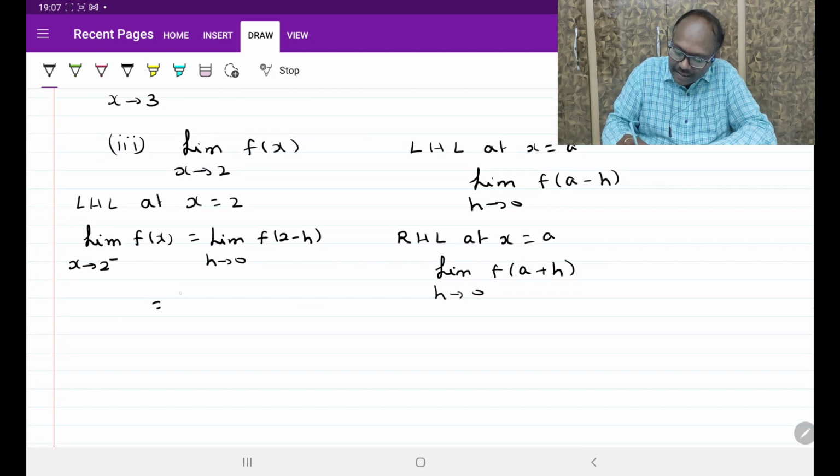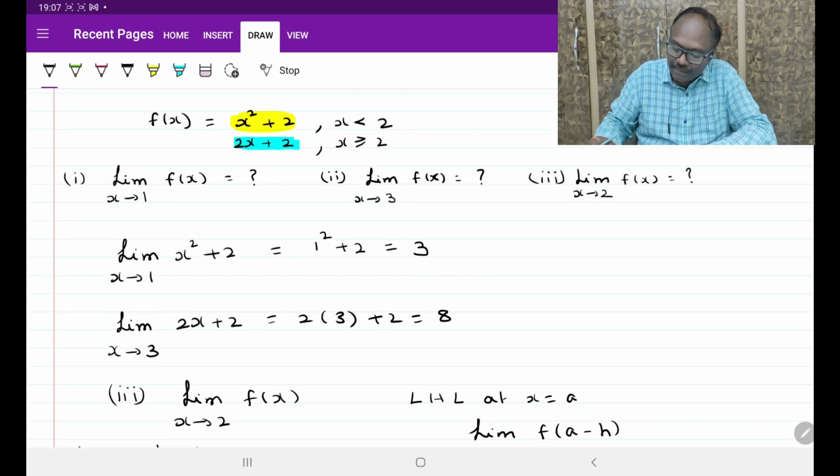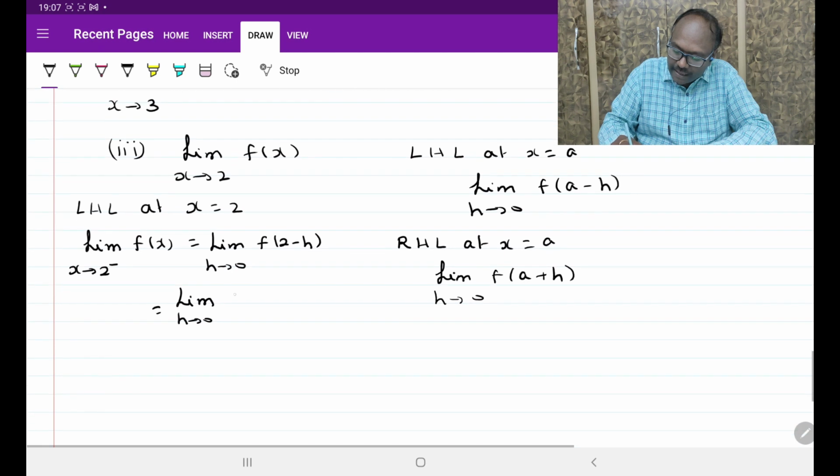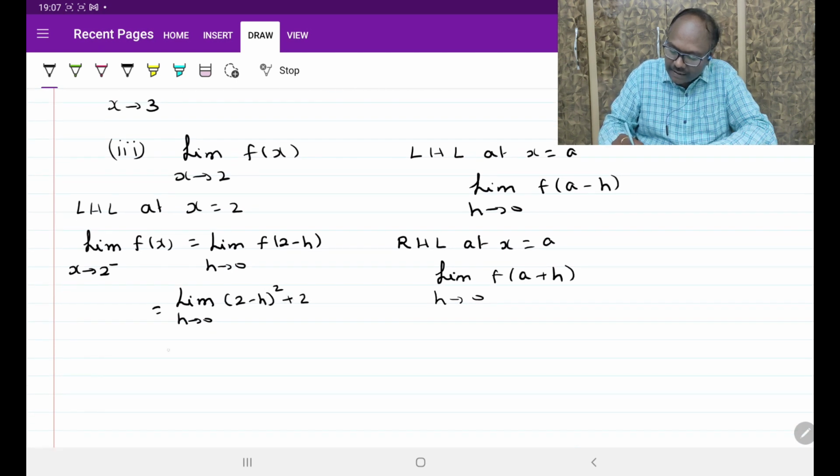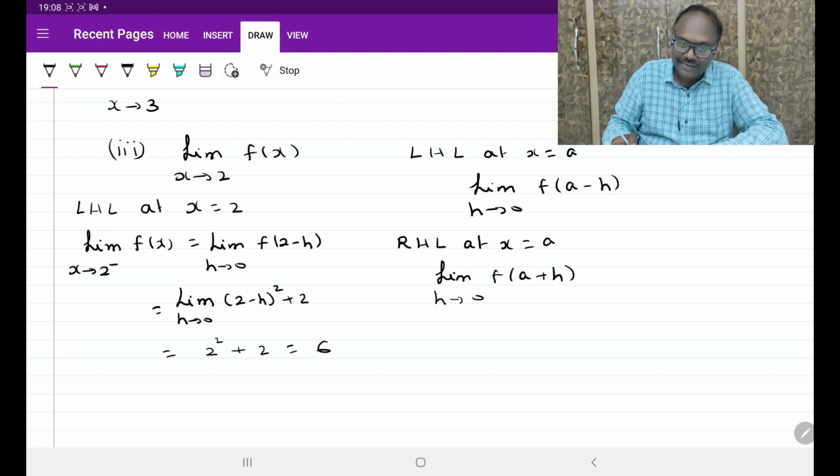So we write it as limit h tends to 0. So f of 2 minus h will be 2 minus h whole square plus 2, and now I substitute h equal to 0, so we get 2 square plus 2, that is equal to 6. So the left hand limit is equal to 6.